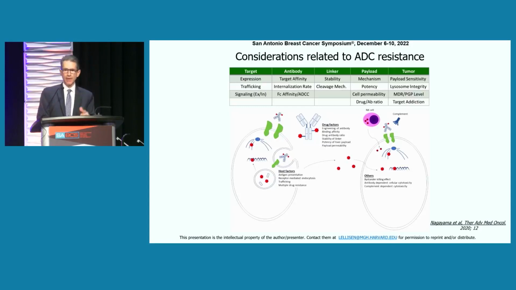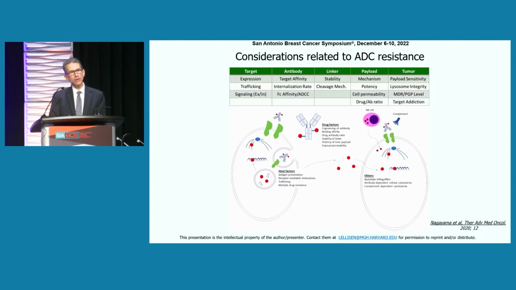When we're thinking about the antibody itself, obviously target affinity is important. One thing I was quite struck by when we started doing some of the experiments in the laboratory was the internalization rate and how vastly it differs between different antibodies to the same target, targeting different epitopes, even if those epitopes were bound with the same affinity. So internalization rate is really critical.